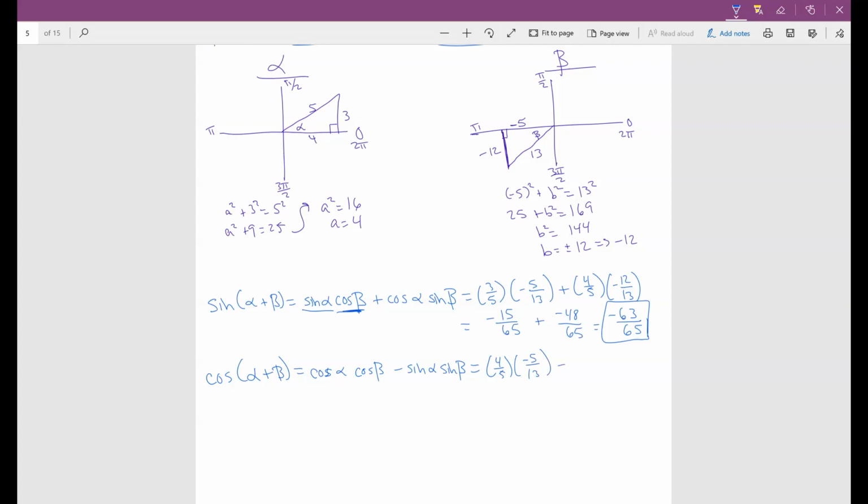Minus sine alpha, that's going to be 3 over 5. And then sine beta, that's going to be negative 12 over 13. So now this is going to give me negative 20 over 65, then a positive 36 over 65, which is going to give me just 16 over 65. Okay, so that's the cosine of alpha plus beta.